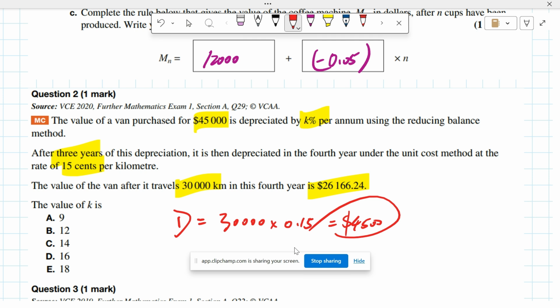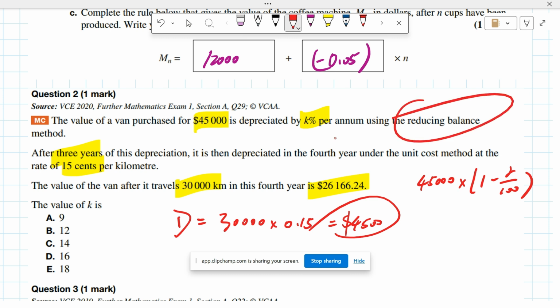Also, we can use 45,000 multiplied by 1 minus R divided by 100. Why do we need this? Because we're using the reducing balance, and we raise it to the power of 3, since we have 3 years.